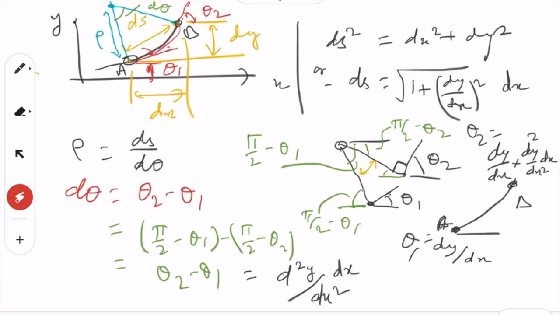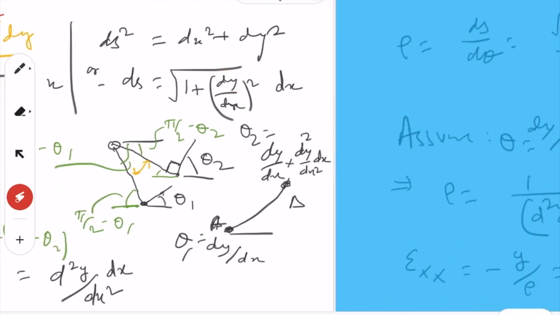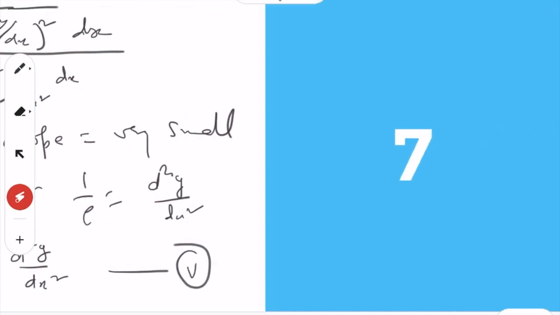Y was basically how this curve was moving, and based on that we derived. But for us this movement of y is nothing but uy, equal to displacement only.